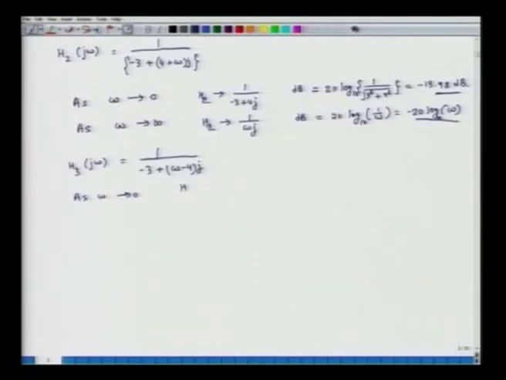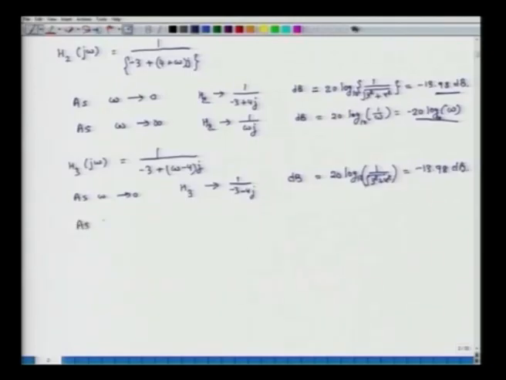So, as omega approaches 0, H3 approaches 1 over minus 3 minus 4 j, or in decibels again it is 20 log 10, 1 over 3 squared plus 4 squared, whole thing under square root, and that is again minus 13.98 decibels.